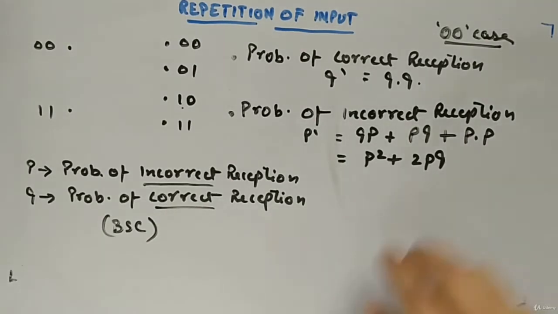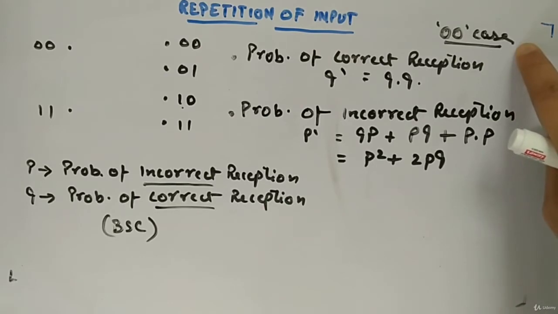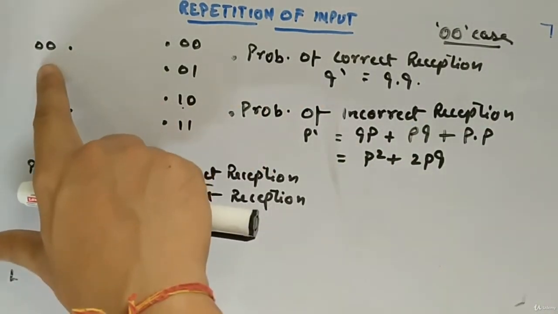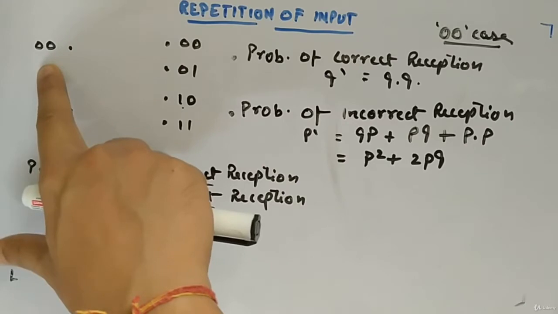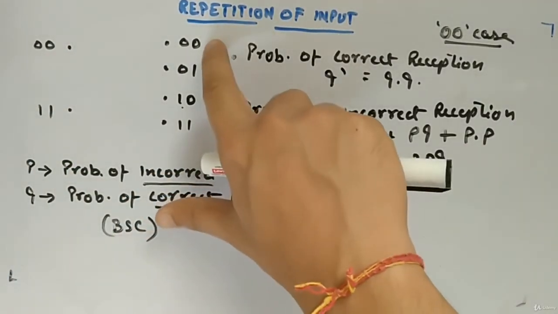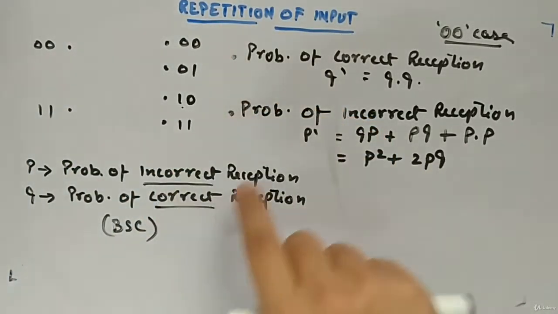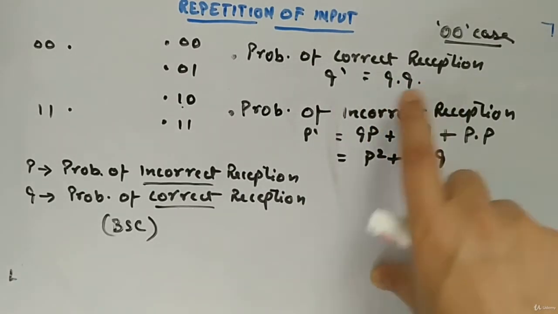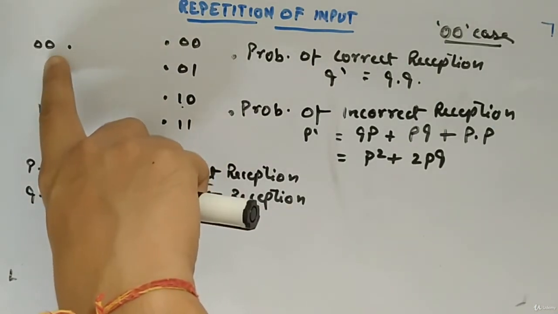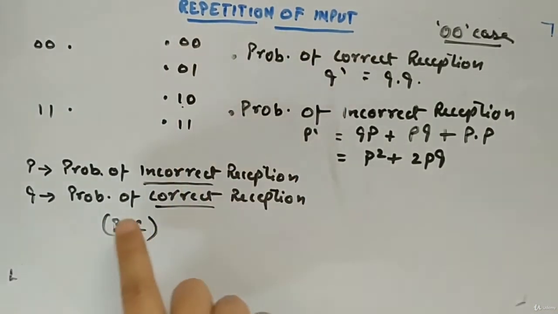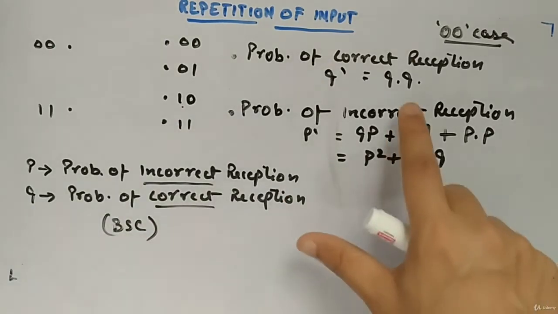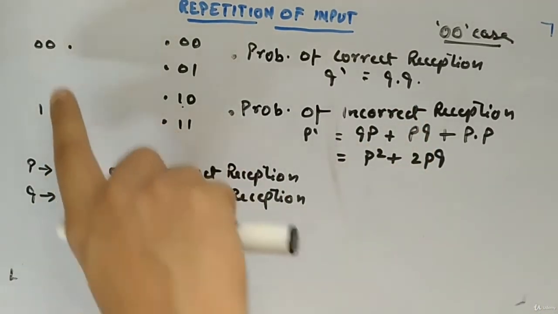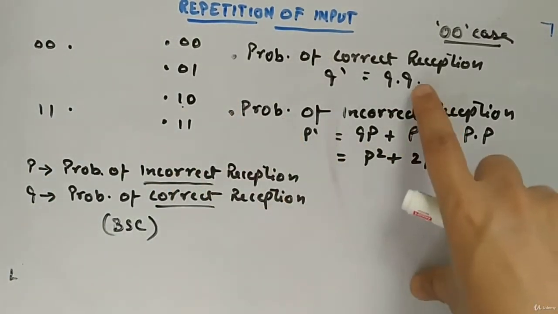Okay, so first let's take the 0, 0 case. If we receive 0, 0, the probability of correct reception, which I am writing as Q dash, will be Q into Q, because you are sending 0 and receiving 0, which is correct reception, Q, and again you are sending 0 and receiving 0, correct reception.